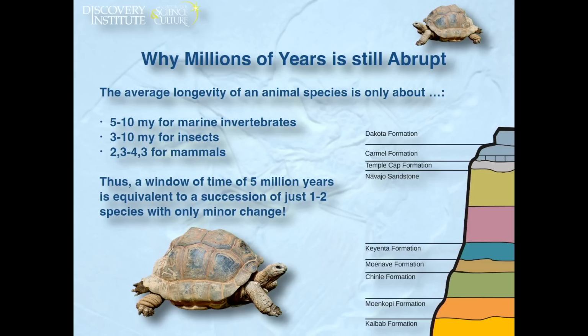Taking the average species model, that's the time of existence of a single species. So when you have an origin of a new body plan, a totally new construction, within a 5 to 10 million year window of time, this is equal to the time of the existence of just one or two successive species, which gives you an impression that this is pretty quick for such a major re-engineering, transforming a pig-like assumed ancestor into an assumed dolphin-like descendant or something else.